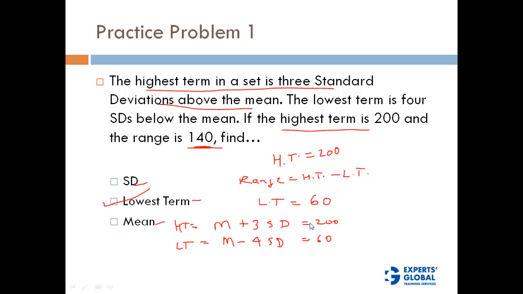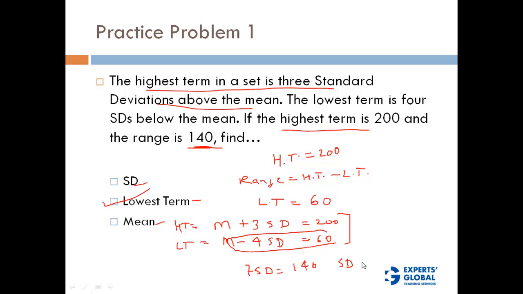Okay. So let's subtract one equation from another. Let's subtract this equation from this one. So what do we get? So M and M get cancelled. What we get is 3 SD minus 4 SD, that is 7 SD, is equal to 200 minus 60. This is 140.